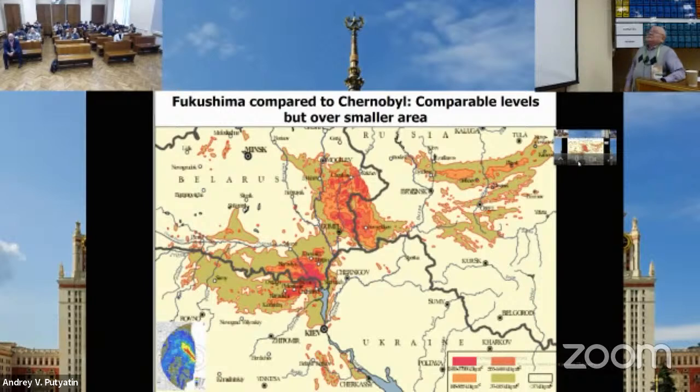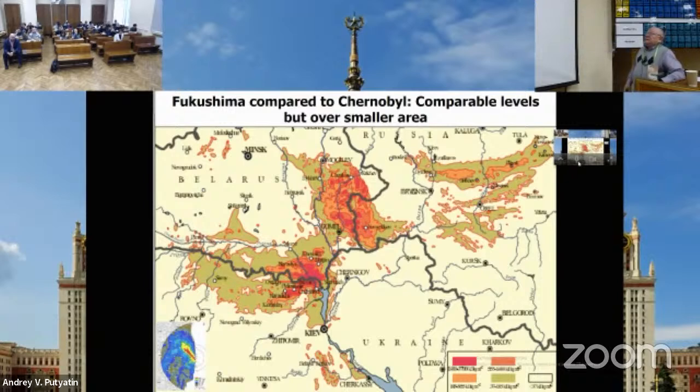You can see that we have comparable levels, or sometimes even in the close vicinity to Fukushima Daiichi nuclear power plant, the levels of cesium-137 are higher than in the 30-kilometer zone in some places, but still a much smaller area.